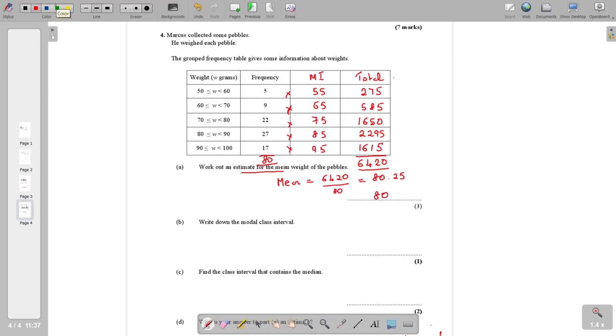Write down the model class interval. Model is the most occurring. So it's 27. So that's the model group. 80. Weight is greater than or equal to 80 less than 90. Find the class interval that contains the median, 80. 80 is the total frequency.